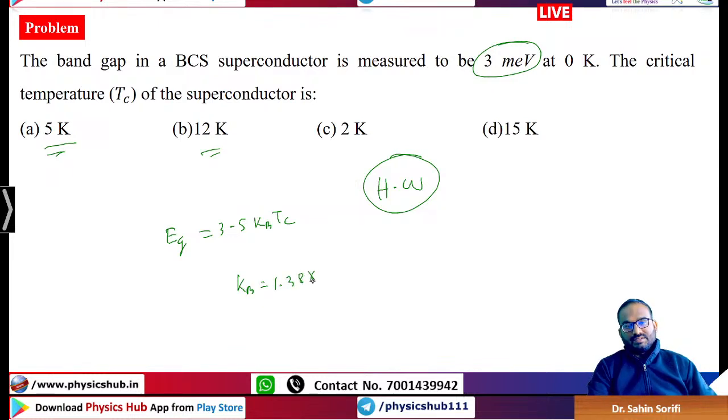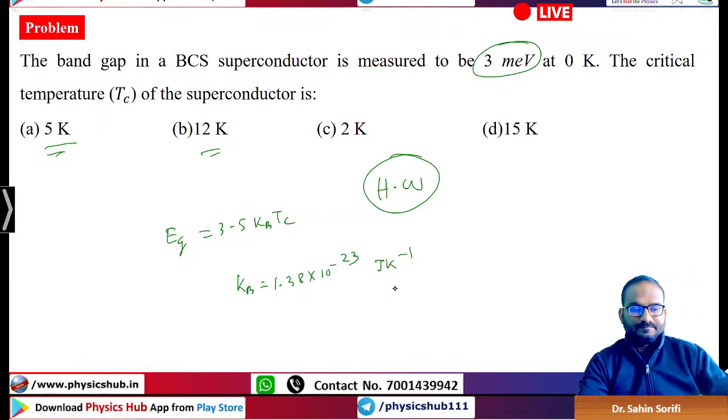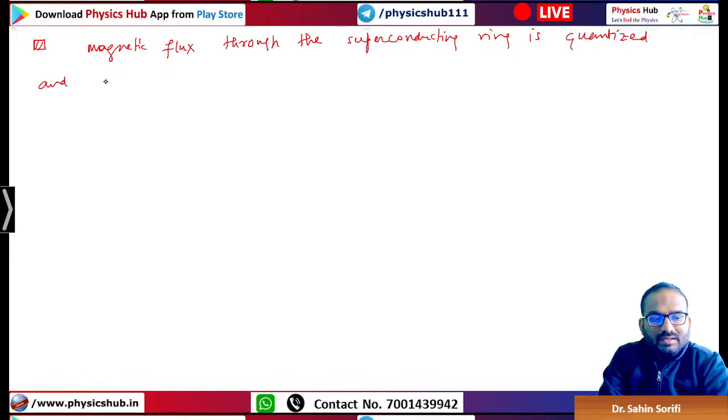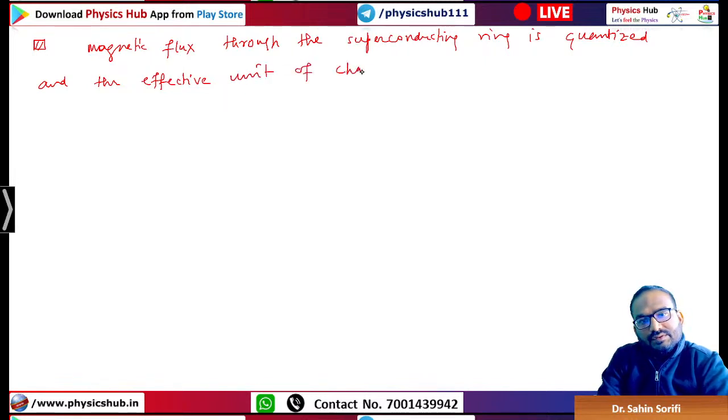Okay, so one important line you can write: magnetic flux through the superconducting ring or conducting ring is quantized, and the effective unit of charge is 2e rather than e.